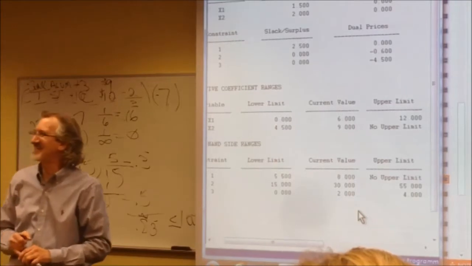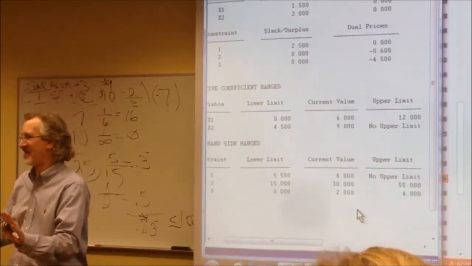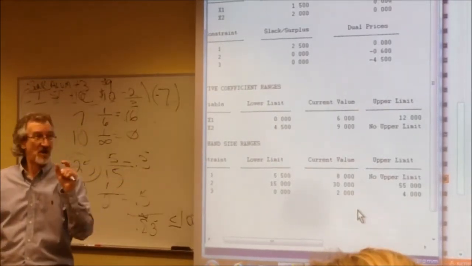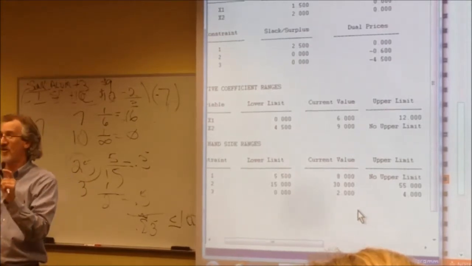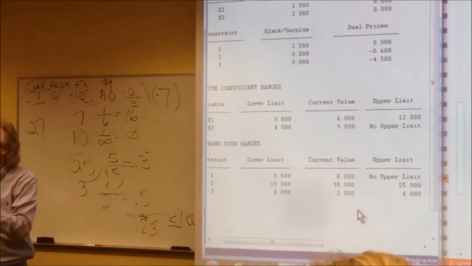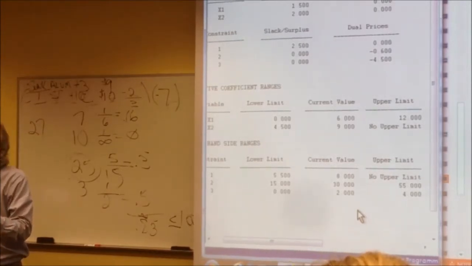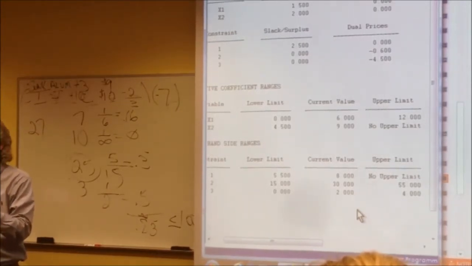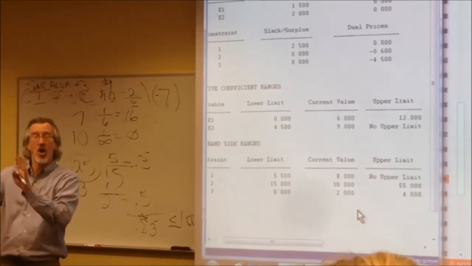Oh, you guys, let's stop right here. All right, let's stop. The dual prices, you've got to remember this. Ready? I don't know how else to say this. They always represent the effect a 1 unit increase will have on the objective function value. Do you hear that? Always.